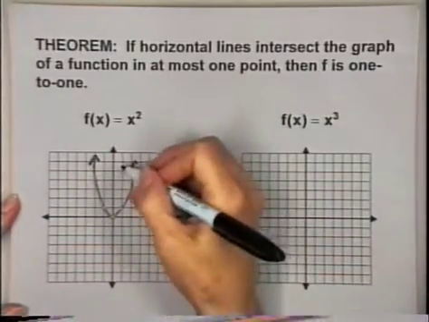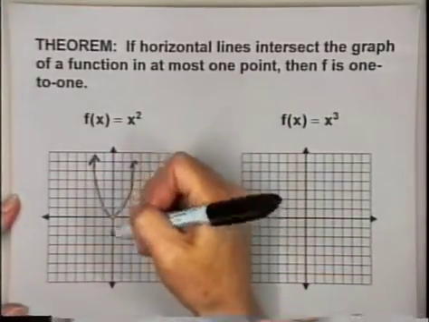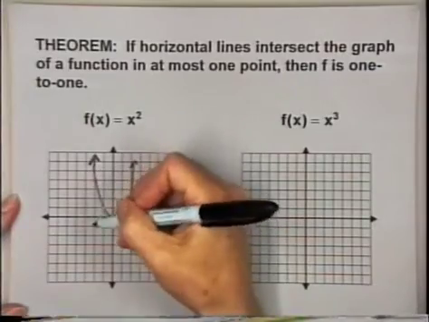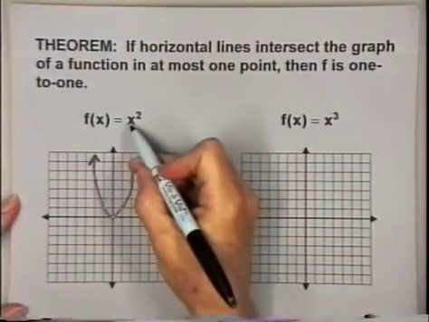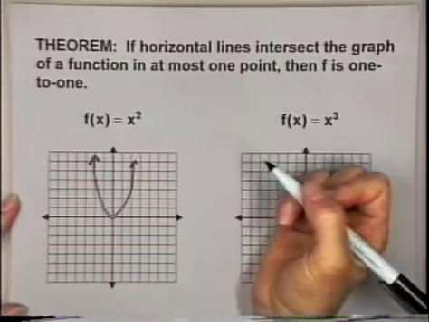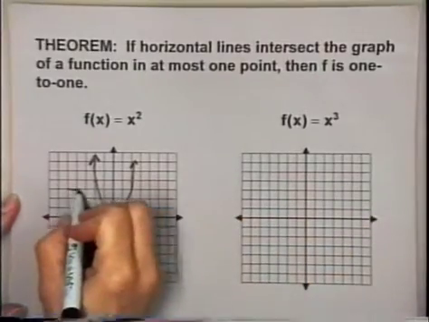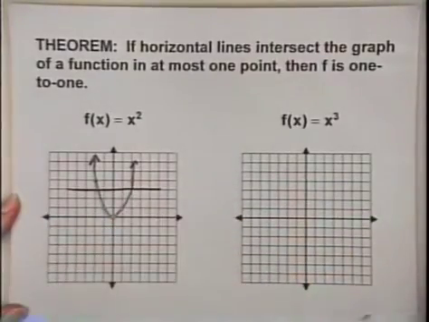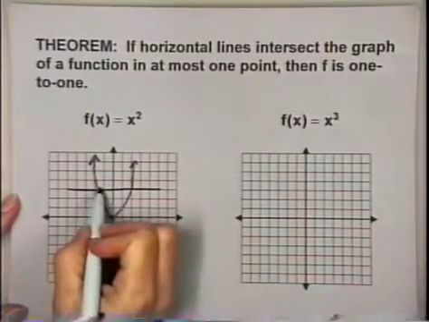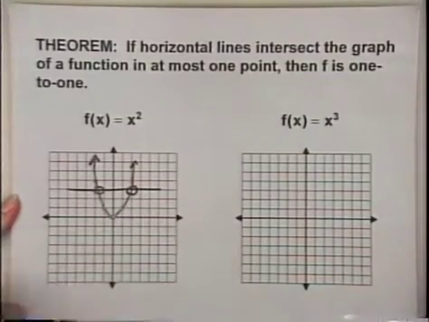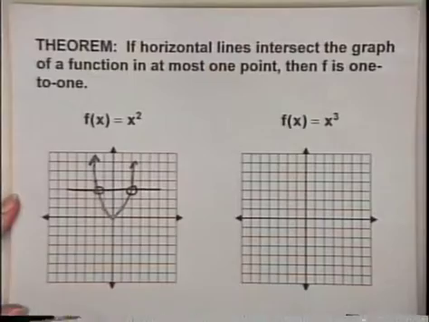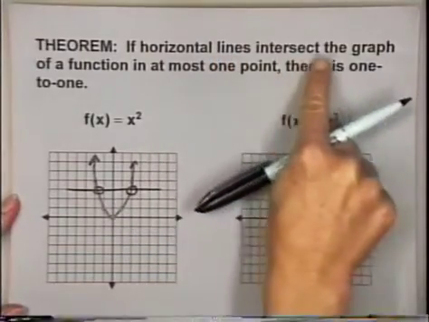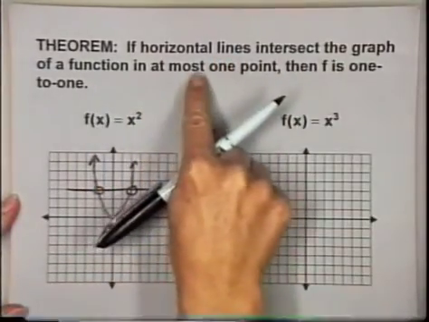Well, notice, of course, this graph passes the vertical line test. It is a function. If we put in an x, we only get one answer for y. But notice that if I do a horizontal line across this graph, my horizontal line crosses the graph more than once. So this said if it intersected the graph in at most one point.